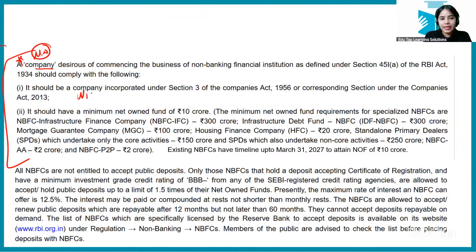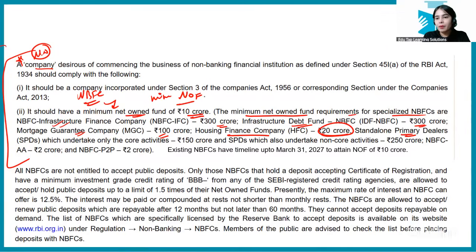Any NBFC should have a minimum net owned fund of 10 crore. The minimum net owned fund requirements for specialized NBFCs, such as NBFC Infrastructure Finance Company is 300 crore, Infrastructure Debt Fund is 300 crore, Mortgage Guarantee Company is 100 crores, Housing Finance Company is 20 crores, Standalone Primary Dealers. This is the minimum net owned fund that the company should have. Why should the NBFC have the minimum net owned fund?